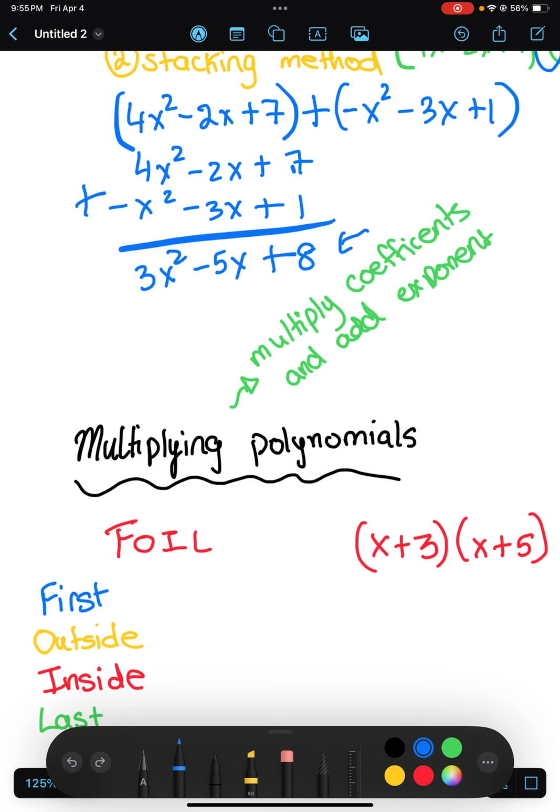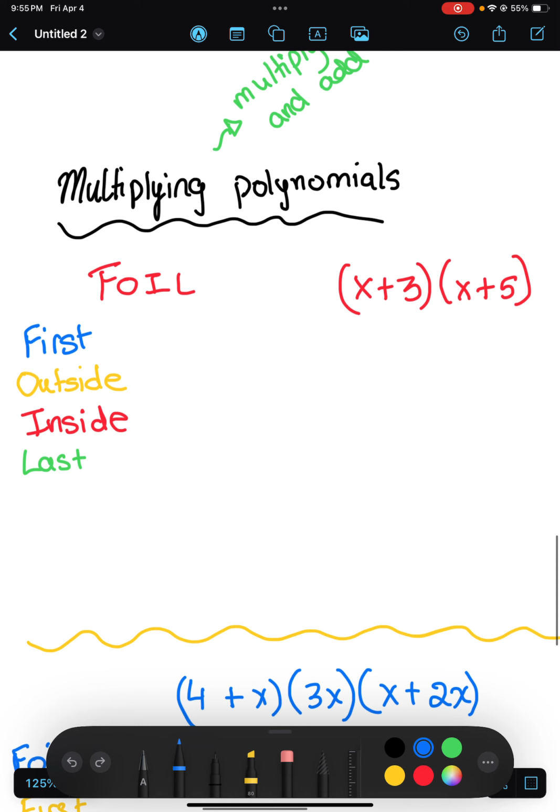In adding or subtracting, your exponents stay common. My favorite method for this is the FOIL method because it's the easiest one according to me, and it's very easy for me to remember.